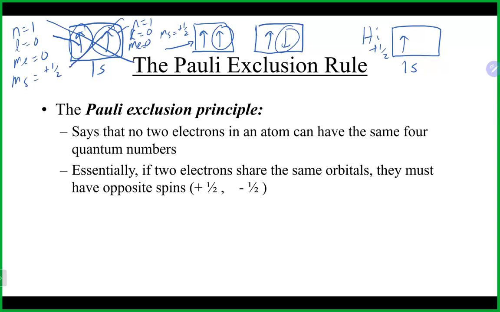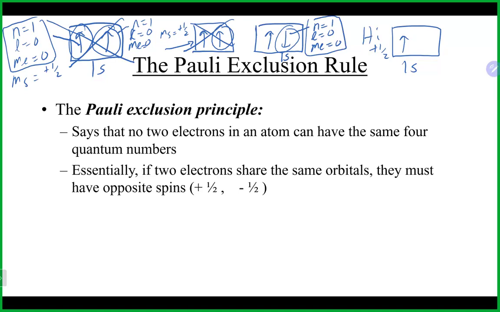So basically, the way we get around that is we do not put them in the same direction when they go into the orbital. The next one coming in actually has to be going in the opposite direction, heading downward. And if we did the quantum numbers for this guy, if this was again a 1s orbital, that would be n is equal to 1, l is equal to 0, m sub l is equal to 0. So you might be thinking, those are pretty similar, all three of those so far, right? And you would be right.